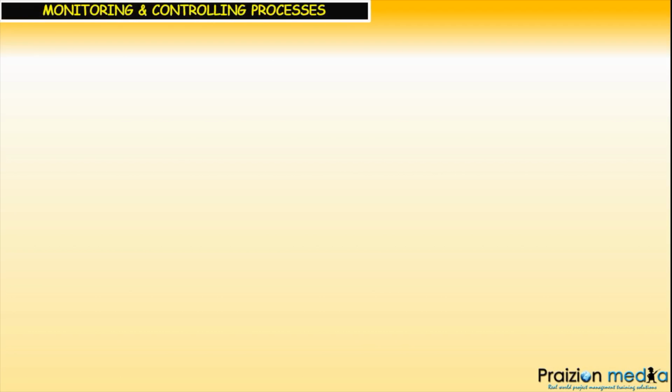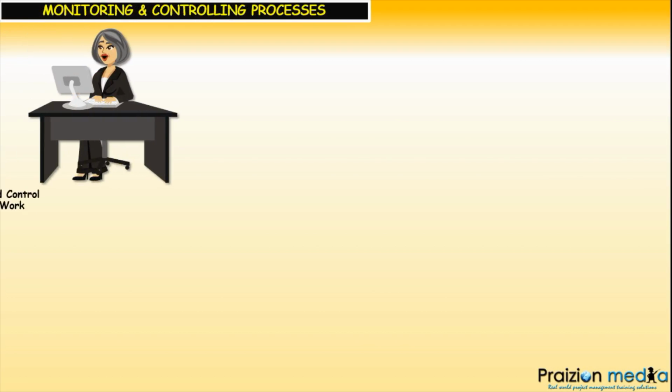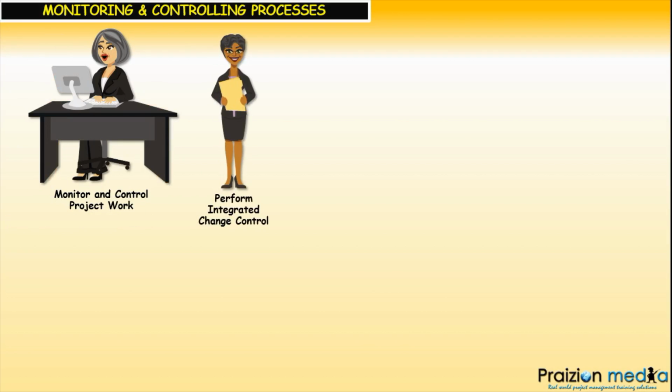Now going to the next process group, it's the monitoring and controlling process group. First process here is called monitor and control project work. It's an integrative process where you make sure you are integrating all the moving parts to ensure that the project as a whole is well monitored and controlled. The next process here is another integrative one known as perform integrated change control.